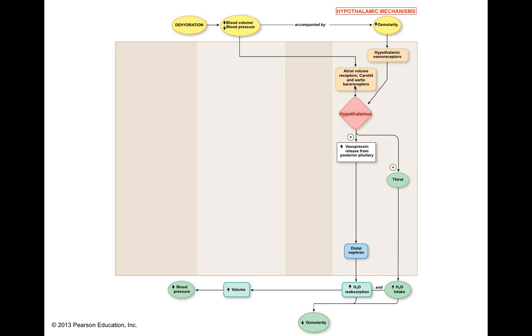But now what we're going to do is tell these baroreceptors to tell the hypothalamus to increase the production and release of ADH. ADH is going to tell the collecting duct to reabsorb more water. Blood volume is going to rise, blood pressure increases. So we have low blood volume, more ADH, increased blood volume. Problem solved.